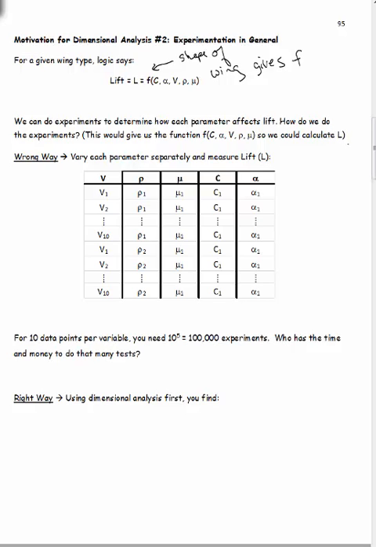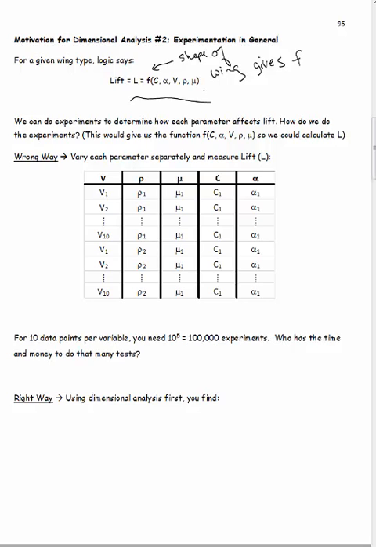So in order to do an experiment, knowing that lift is a function of all these things, we want to figure out, okay, how do all these different parameters affect lift? We can do some experiments. Okay, and what you could do is just, you know, set all the variables but one, all the independent variables over here on the right hand side but one, vary them one at a time, and then measure lift.